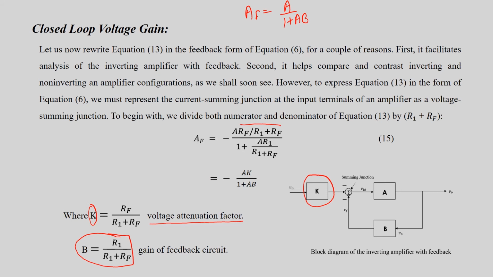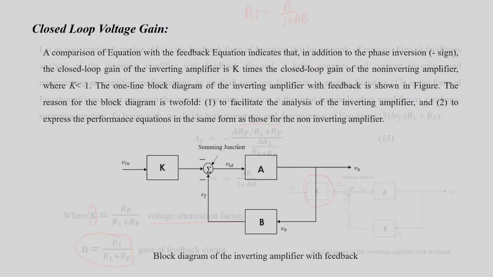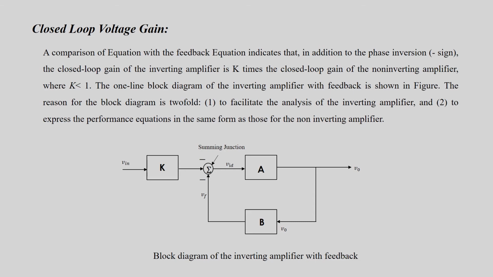There are two changes, this negative sign as well as this K. Now the comparison of this equation with the feedback equation indicates that there is a negative sign, which means a phase inversion in the closed loop gain of the inverting amplifier, and this is K times the closed loop gain of the non-inverting amplifier, where K is less than 1.